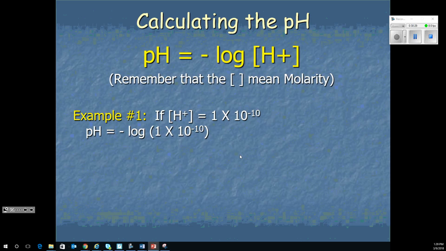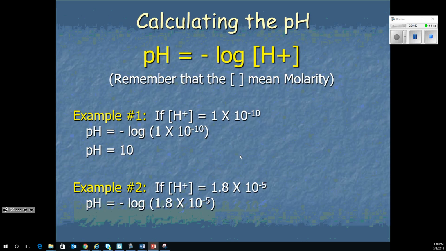We can put 10 to the negative 10. If you're using my calculators, it's the one that has the X and then the superscript box. Okay, what did you get? You should have gotten 10. Okay, let's try it again, this time with a little bit more complicated number. Let's try this number.